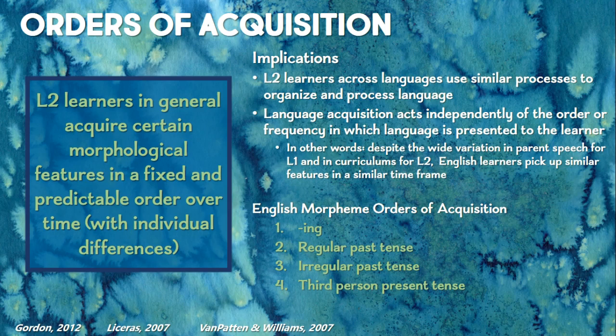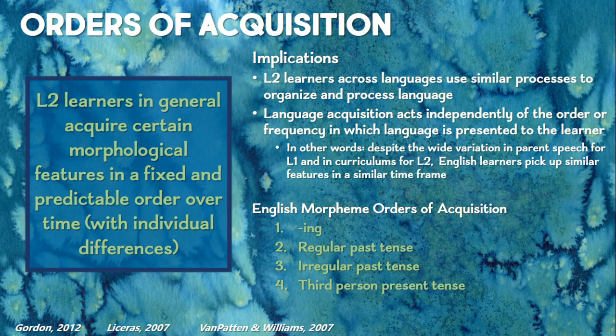L2 learners in general acquire certain morphological features. Now, back up for a second. Morphemes being the smallest pieces of language that have meaning, such as ing or ed or something like the word cook, acquire certain morphological features in a fixed and predictable order over time, with, of course, slight individual differences.